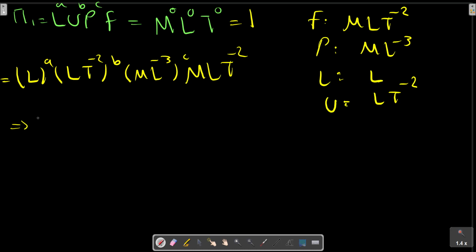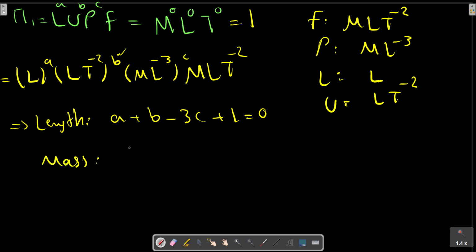For length L, we have A plus B minus 3C plus 1 equals 0, and for mass, M, we have C plus 1 equals 0, and for time we have this relation: minus B minus 2 equals 0.